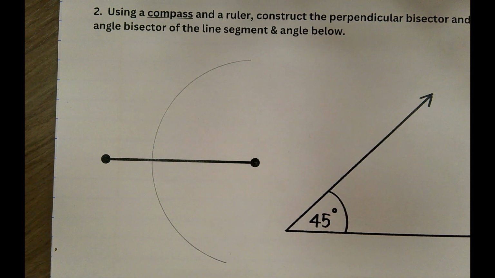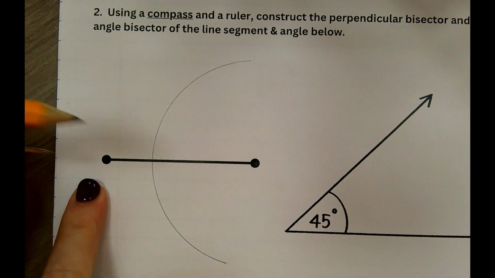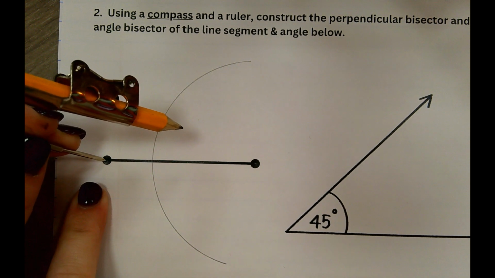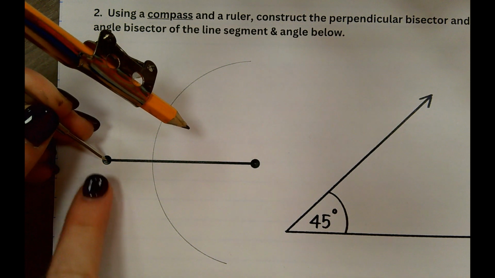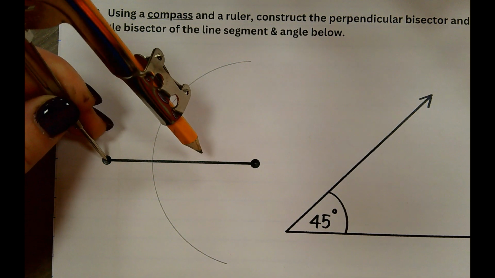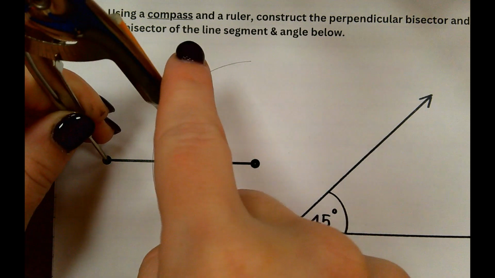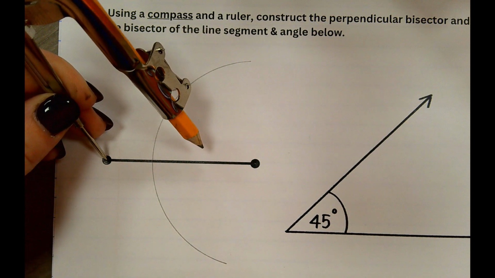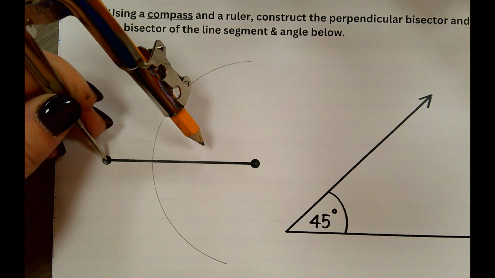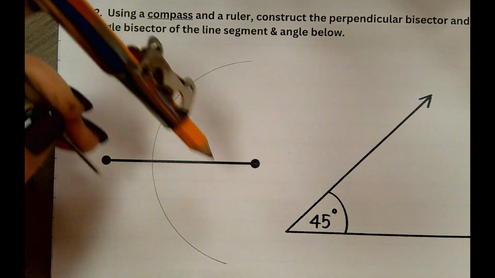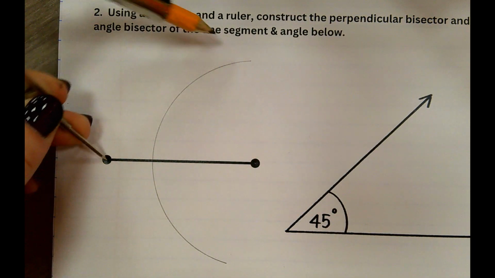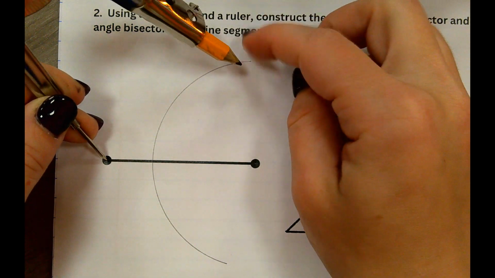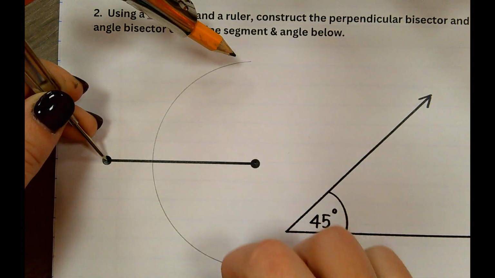What should I do next? Go to the other dot, and you have to keep your compass the exact same. Yes, so next dot. Now the very important part that you just said is your compass has to stay exactly the same open size. If I make it bigger here and then I try to cross it, these intersections I'm going to create are not going to be in the middle of the line.